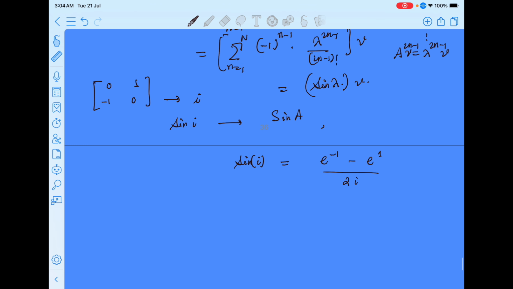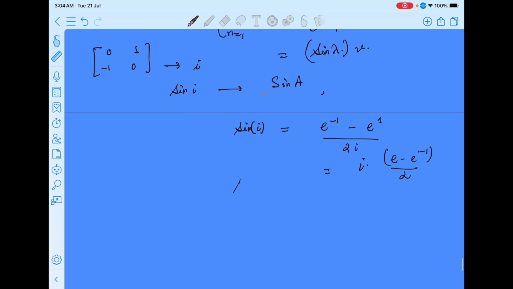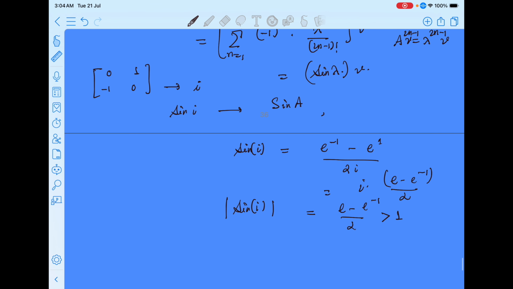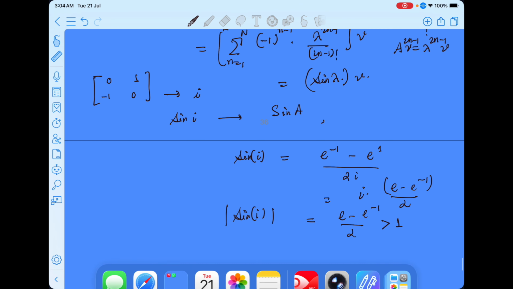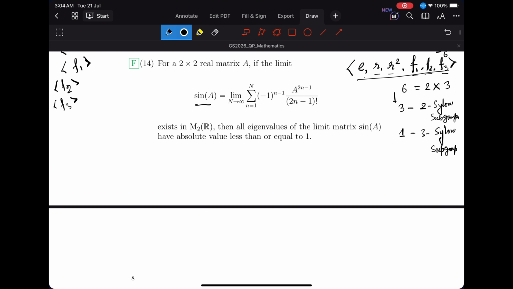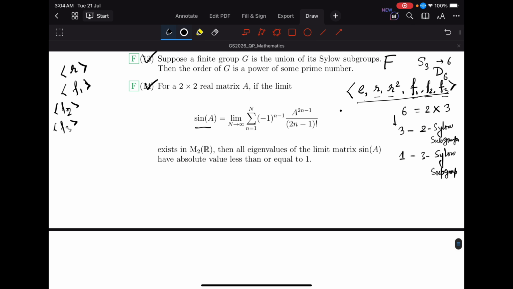So if you calculate that, this is i times e minus e inverse divided by 2. Okay, so the mod of sin i is equal to the mod of this, so e minus e inverse divided by 2, and this is strictly bigger than 1. So yeah, we have the statement is false.